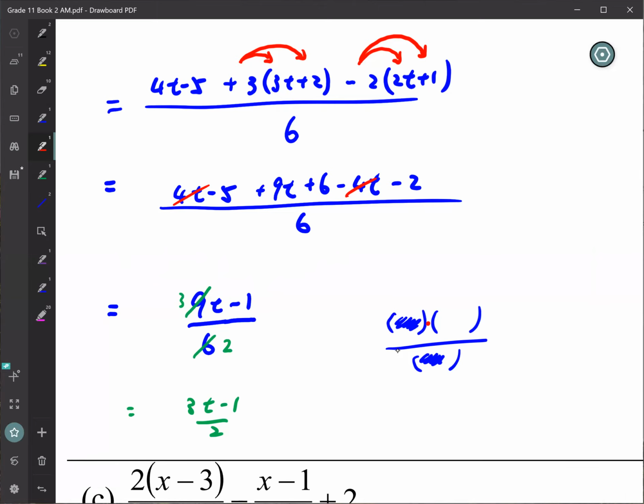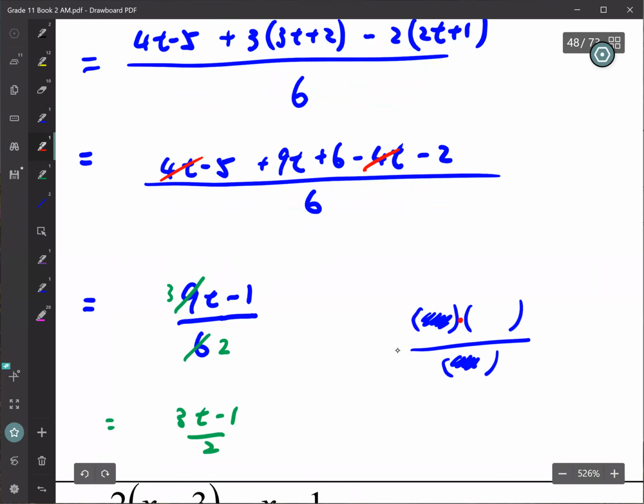Two brackets that are multiplying. But for this one, the 9t minus 1, there's a minus here. So this 9t, even though this is multiplying, 9 times t, the 9t is stuck with minus 1, because there's subtraction.